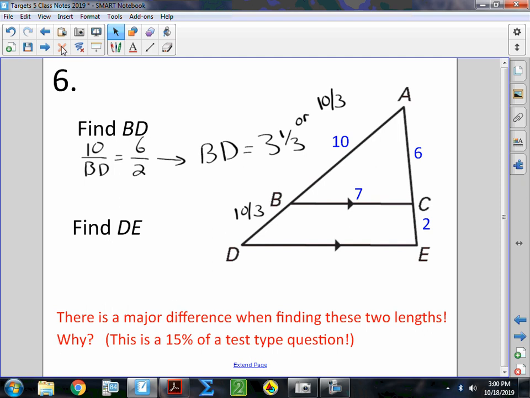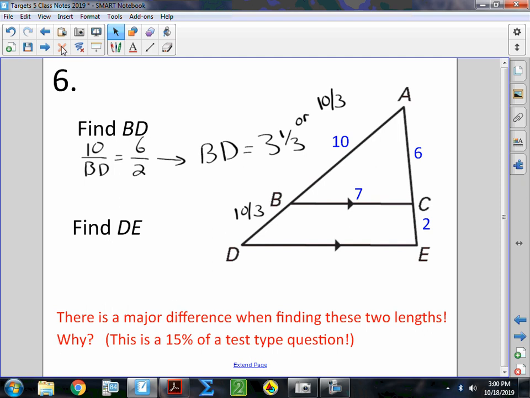In other words, if you don't know why it's different to find BD than to find DE, then you're missing a major concept of this unit because you're using two different theorems. So if you don't get this in the next week and a half to 2 weeks, then you're going to take a big hit on your test because it's what we're going to assess you on.